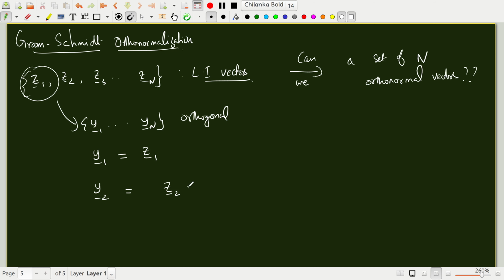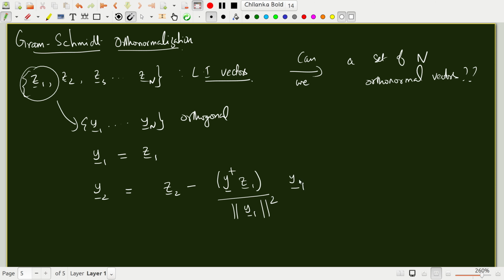So what I do is I take the inner product of y1 with z2, and I divide it by y1 squared. The reason I'm doing this is because I want to take this vector and then make a modulus of this.